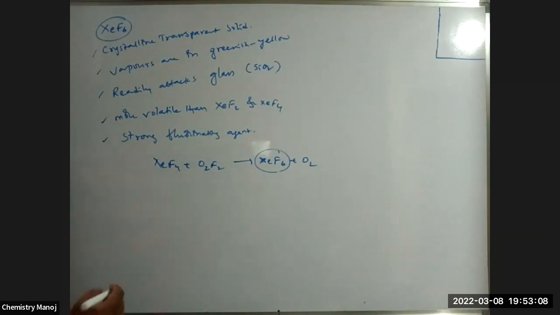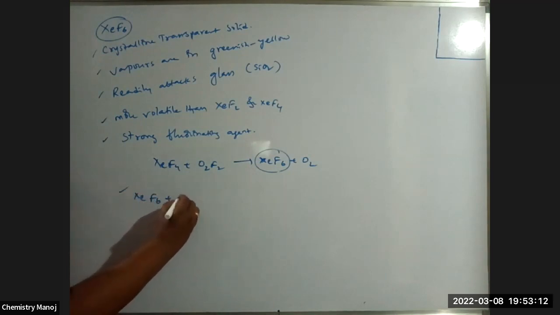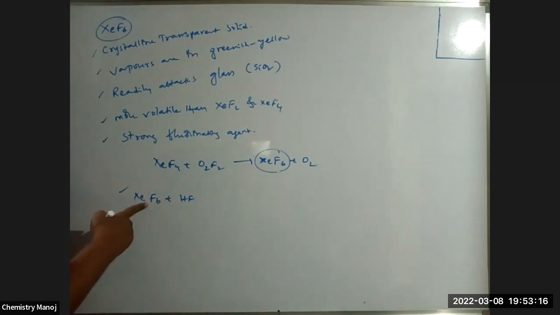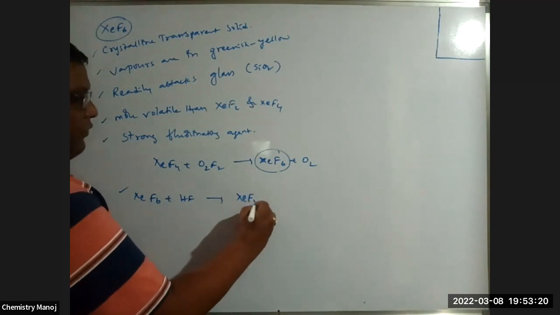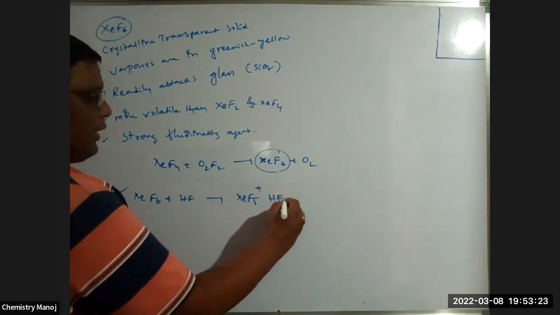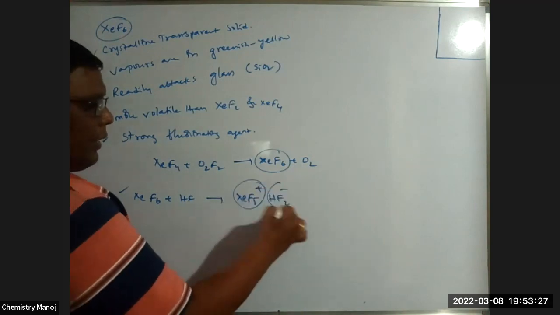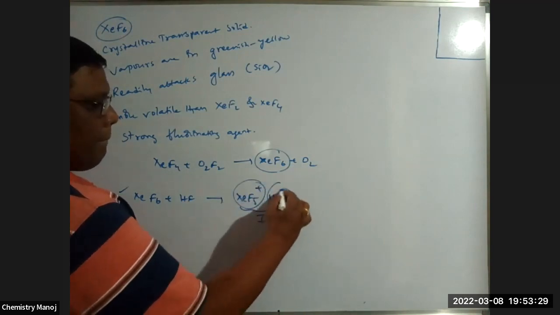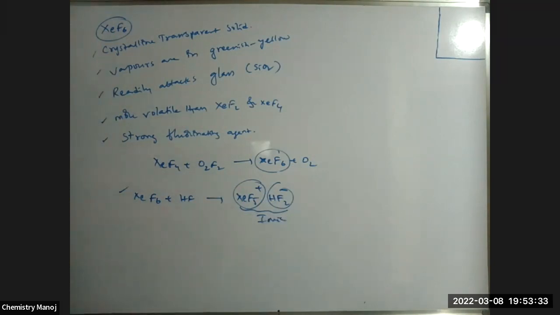Next, when XeF6 reacts with HF, it is soluble, my dear, and that gives XeF5 plus ion, HF2 minus ion. It is an ionic compound, ions are there.